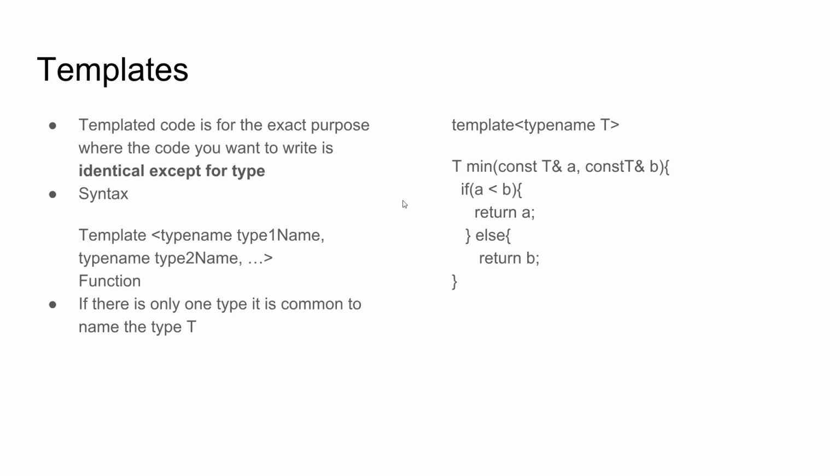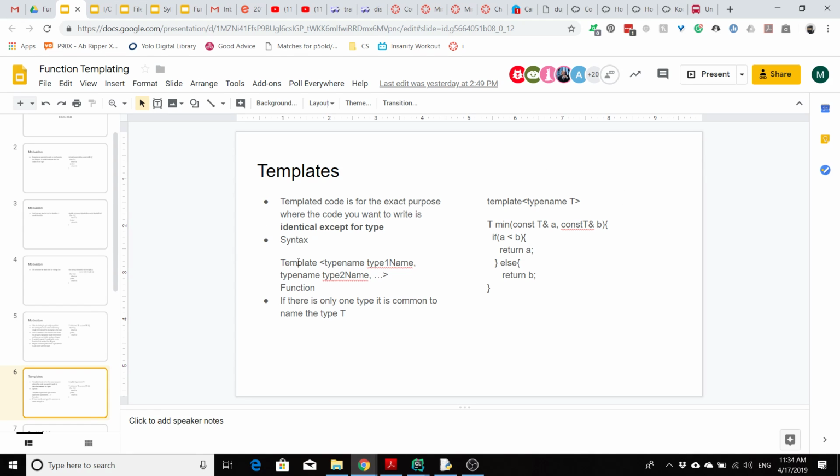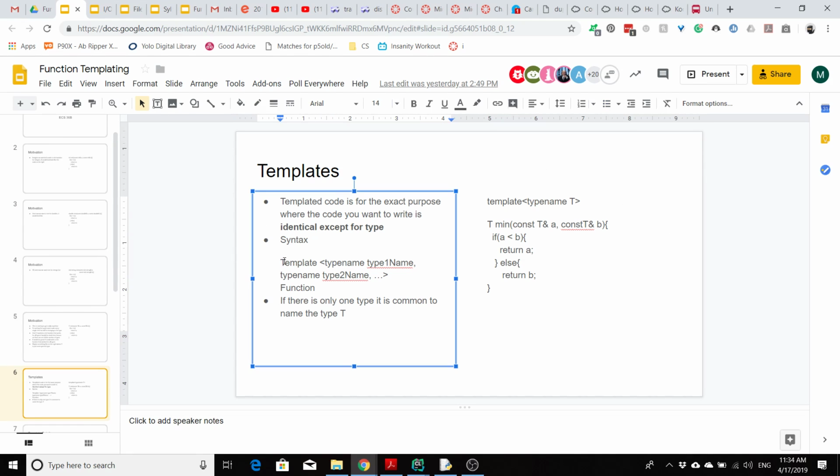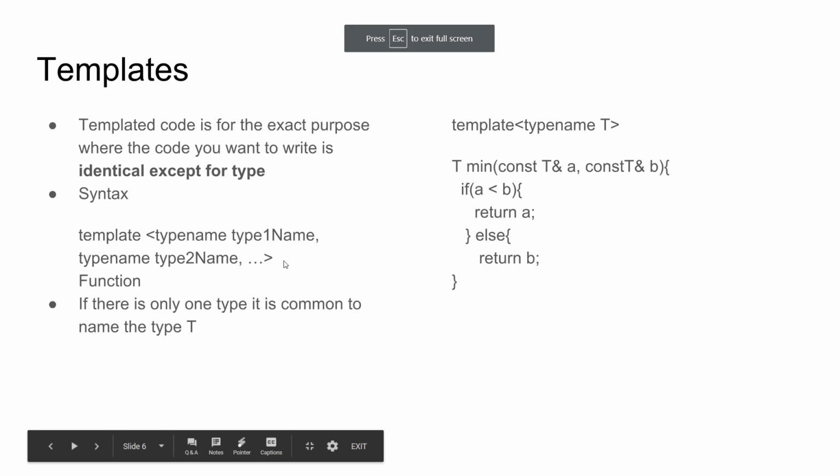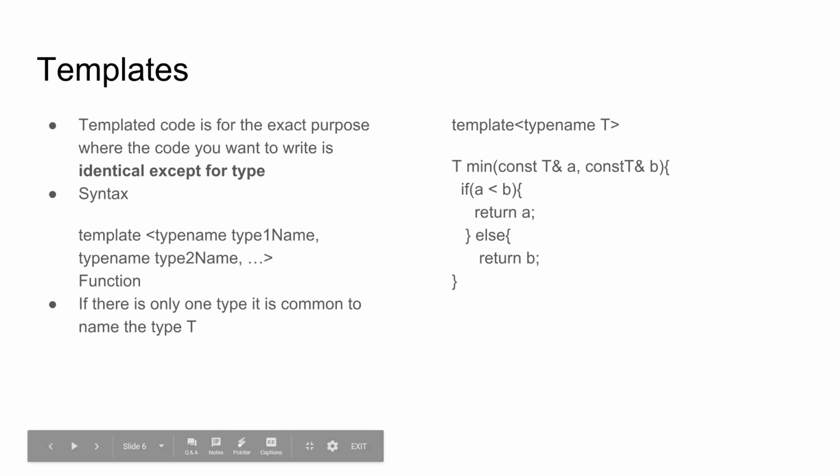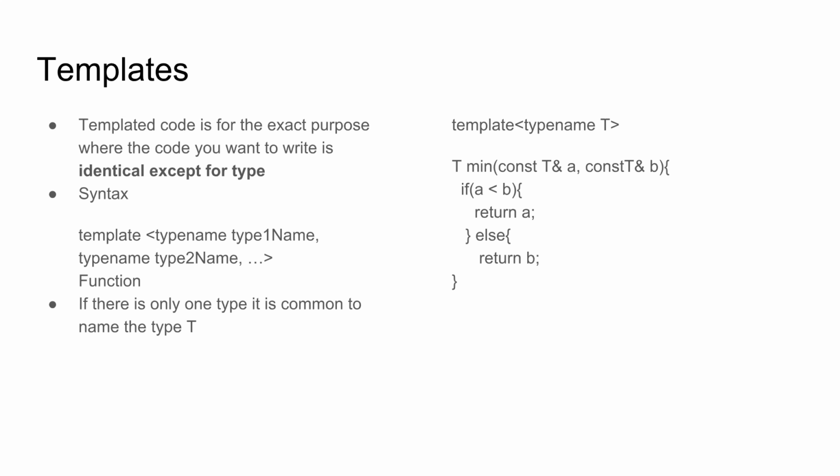So this is possible in C++. And if you want to do so, you create what's called a templated function. The syntax for creating a templated function is template in lowercase, type name, the first templated type, comma, type name, the second templated type, comma, every single type that this is templated over, right?